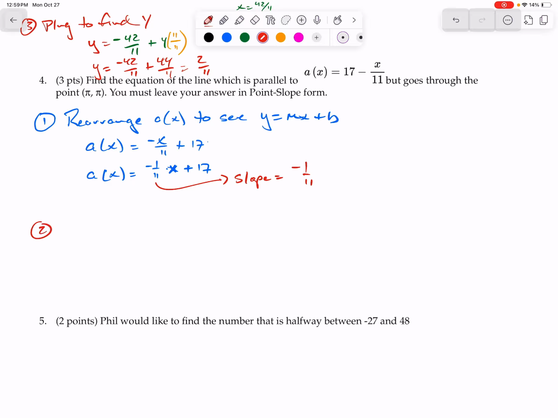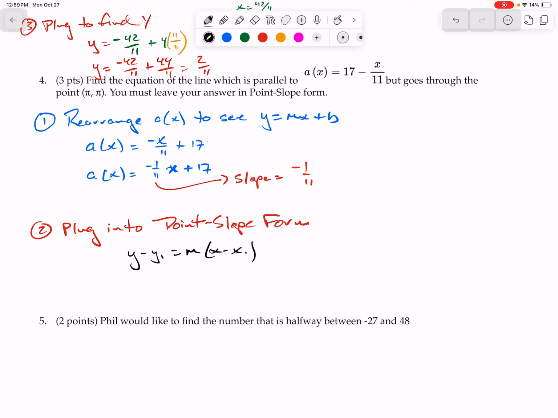And then we're going to plug into point slope form. So y minus y1 equals m times x minus x1.